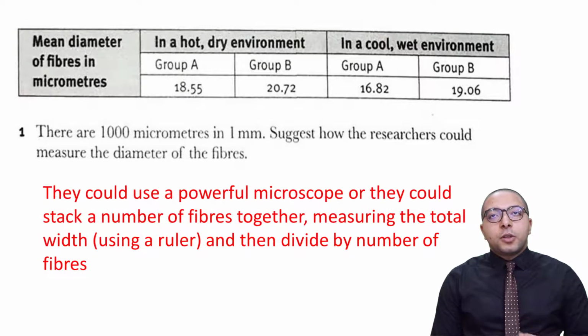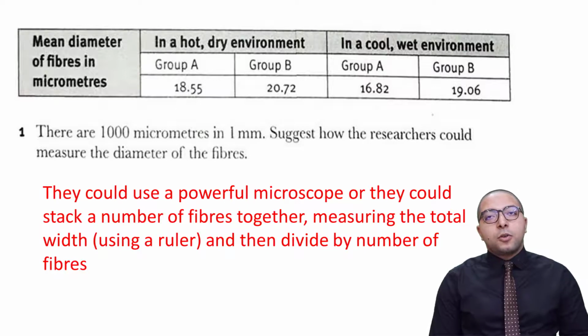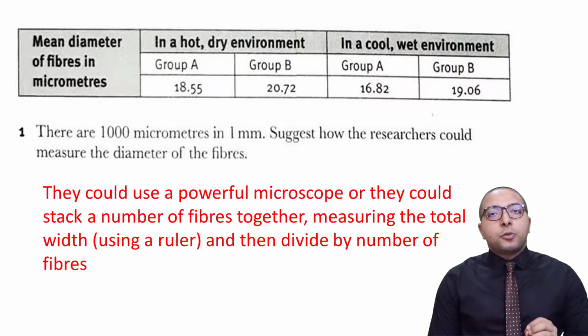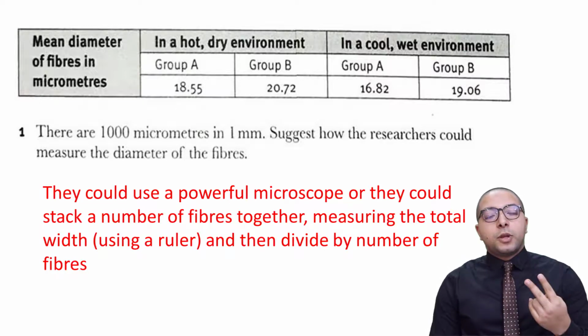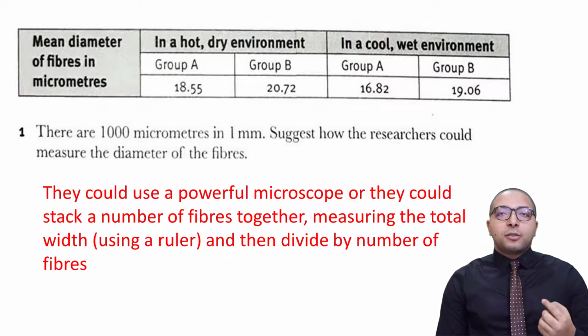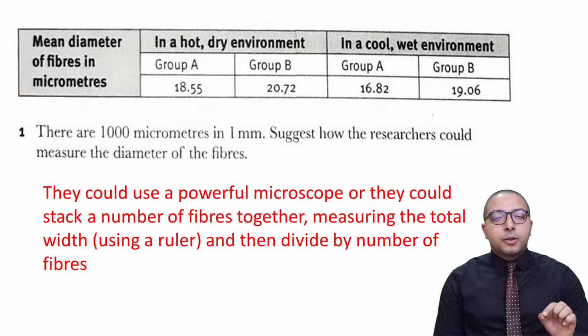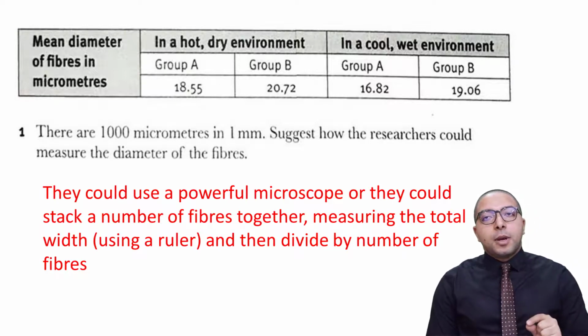So the first question, there are 1000 micrometers in 1 millimeter. Suggest how the researchers could measure the diameter of the fiber. Basically in this part we can find out the measurement by the help of two things. The first one, if we have access to a powerful microscope, we can find out the width by the help of the microscope.